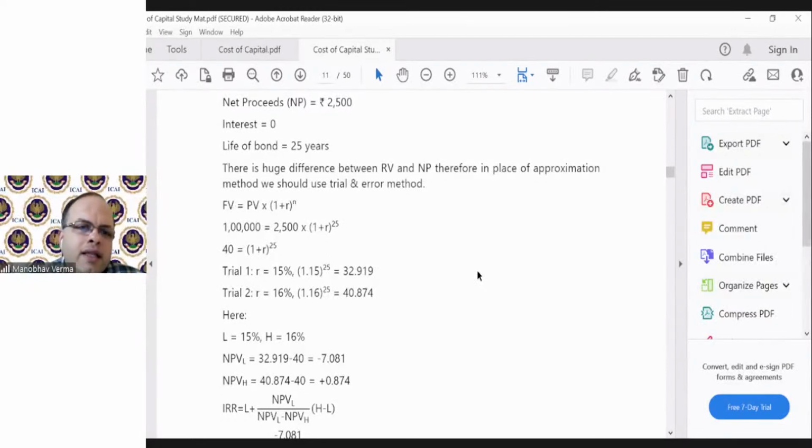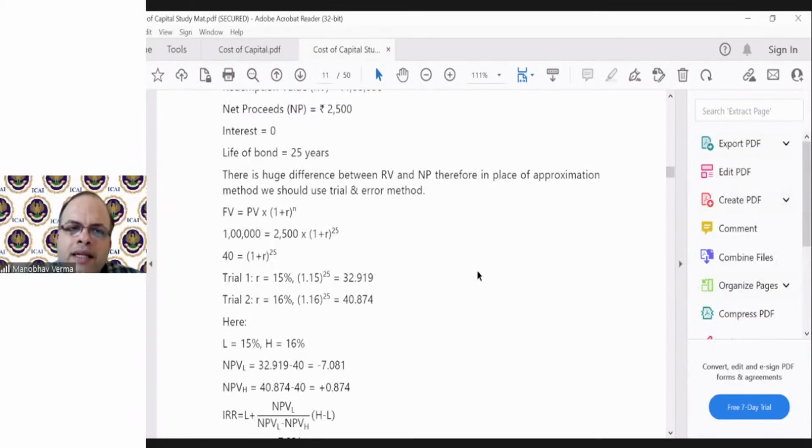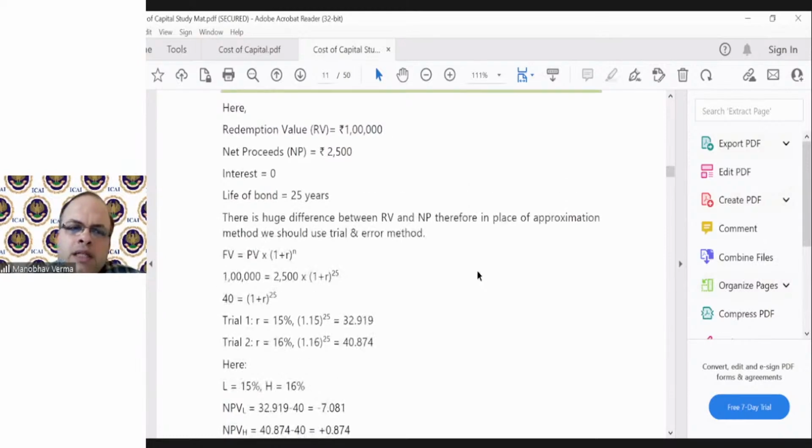See, again, the logic in this one was that the deep discount bond was calculated with respect to the annuity, where your net proceeds are 2,500 and redemption value is 1 lakh. So basically the 1 lakh is the future value, and we need to calculate that rate.